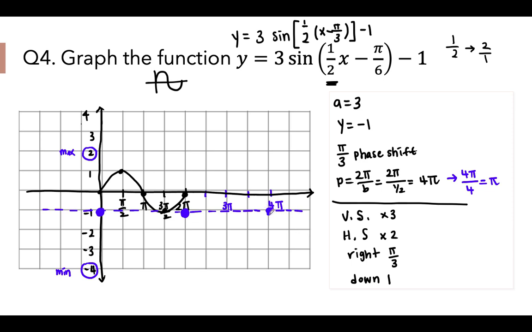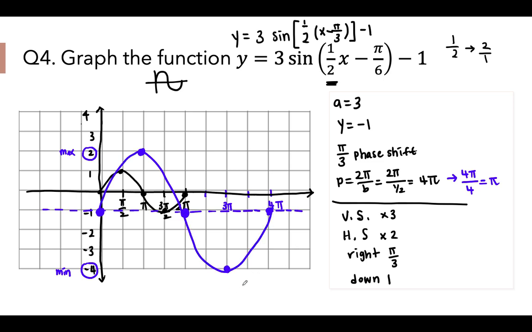Okay, so the equation of axis represents like the axis 0, 0. And then right in the middle at pi, we have the highest point. And at 3 pi, we have the lowest point. And you can connect the points.